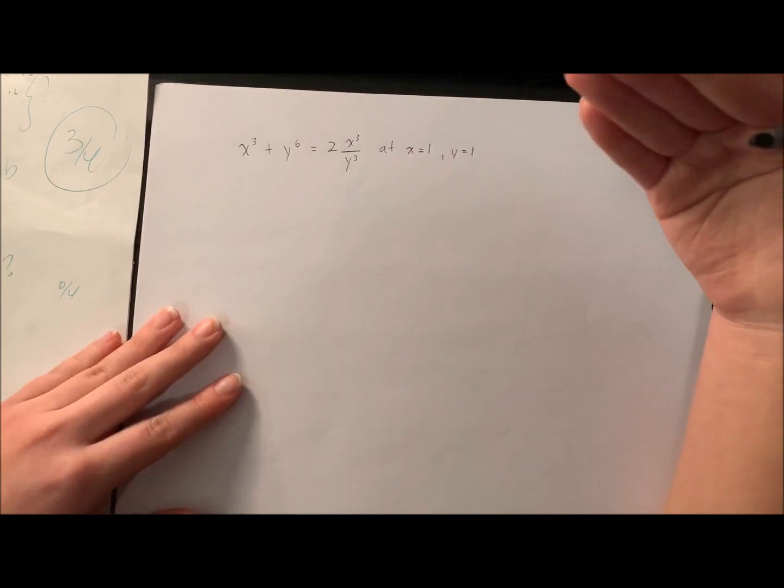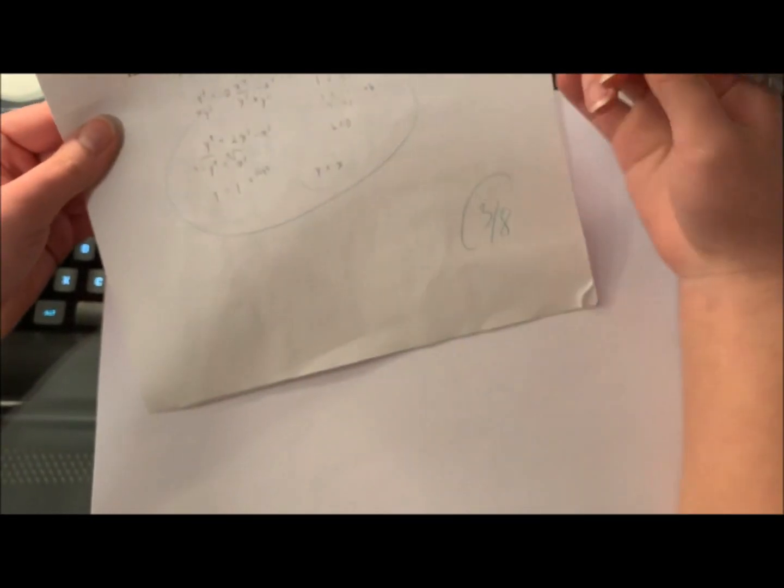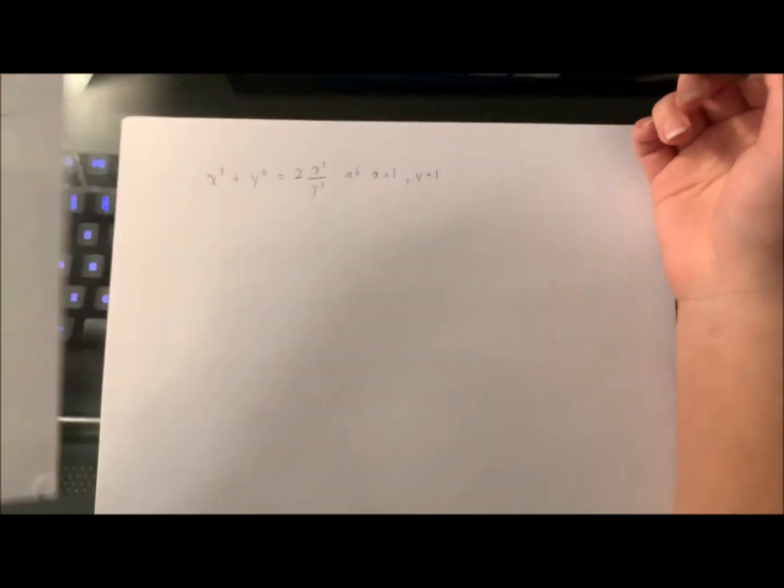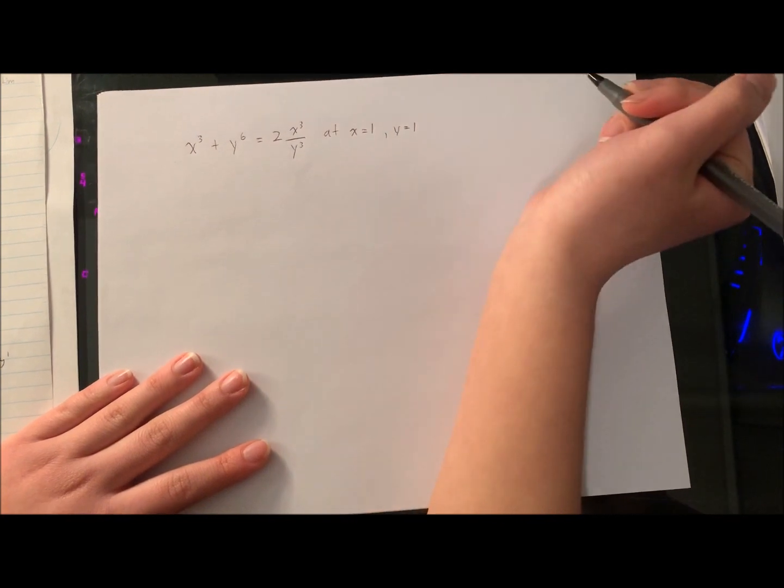So the first question we're gonna do is this one, which I messed up on the test for some reason. Let's see why. Yeah, I did not approach it the correct way. So we're gonna start off.